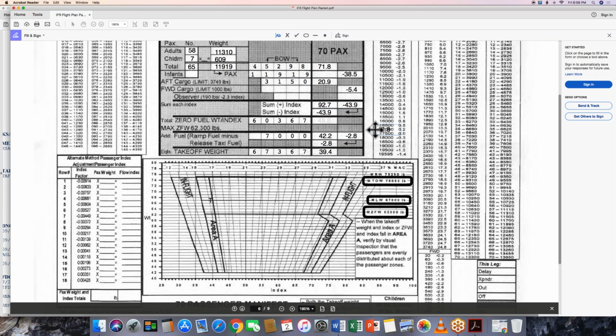It would be negative 38.5, not 43.9, because you don't have that 1,000 pounds in the forward compartment. You don't have that index. Good catch. I forgot. My bad. That would have been a bad flight. Yep, I just killed everybody on board with a simple math error. So what was that again? Negative 38.5?